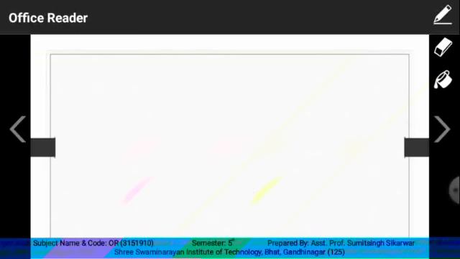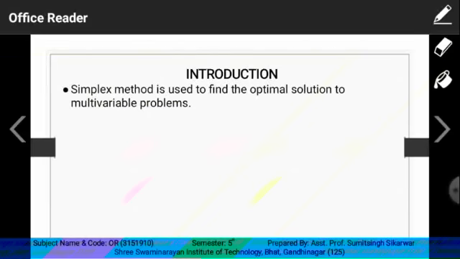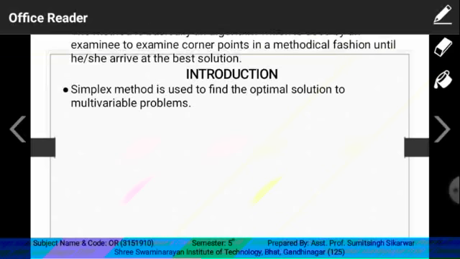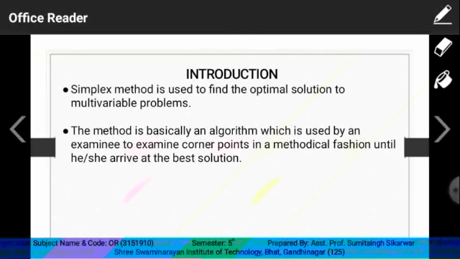Now let us begin with the introduction. A simplex method is used to find the optimal solution to a multivariable problem. This method is basically an algorithm which is used by an examiner to examine corner points in a methodical fashion until he or she arrives at the best solution.